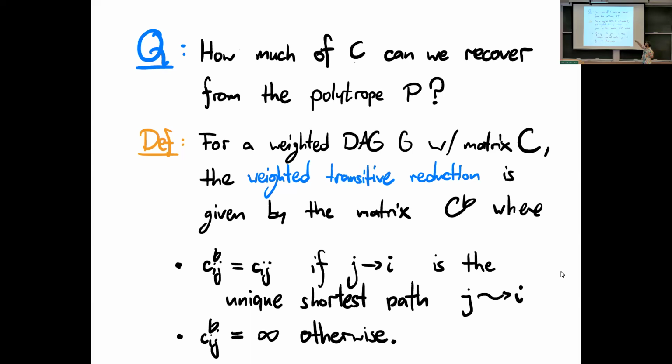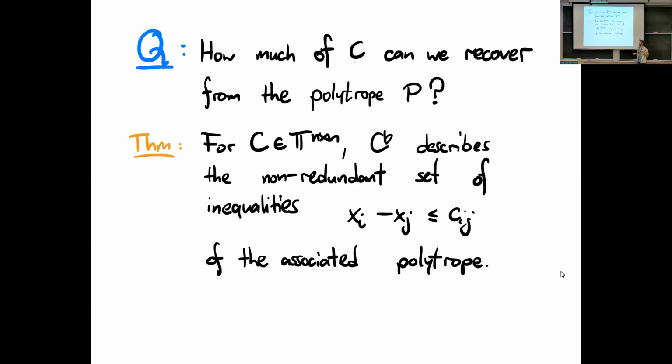So basically I keep an edge with the same weight if this edge is already the unique shortest path from source node to target node. If it's not, then I just throw it out, because I can replace this direct edge by some other path. And then the theorem is, if I have a matrix coming from an acyclic graph, then this weighted transitive reduction describes a non-redundant set of inequalities. So in particular, this is the stuff that I can recover from seeing the polytrope.